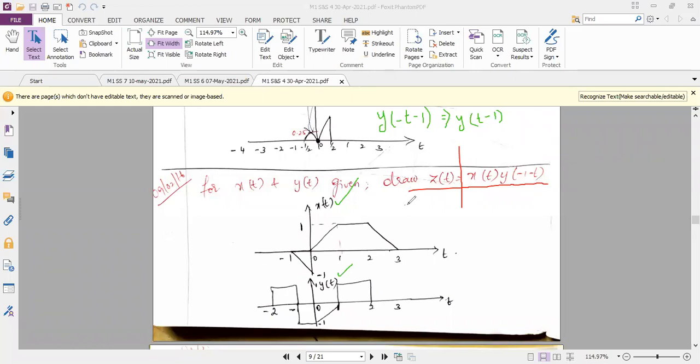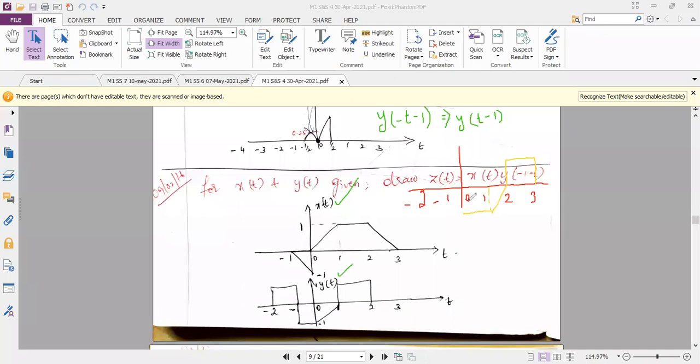So let me plot the x-axis: minus 2, minus 1, 0, 1, 2, and 3. When I plot, it is shifted by one position towards the right hand side. What was there at 1, 2 will now be at 2, 3. The same structure you have to maintain at the bottom. The amplitude is minus 1 up to there, and at 1 my amplitude is minus 1.